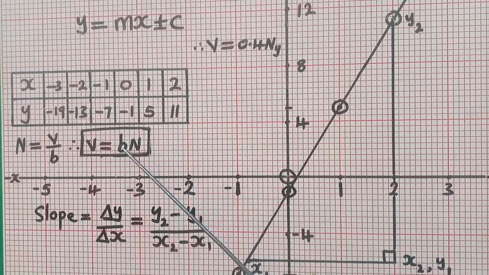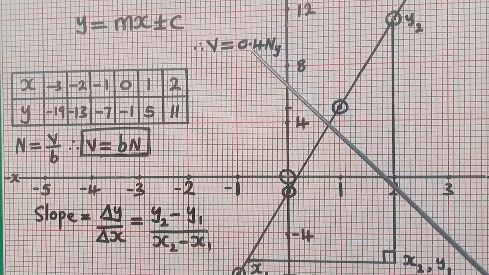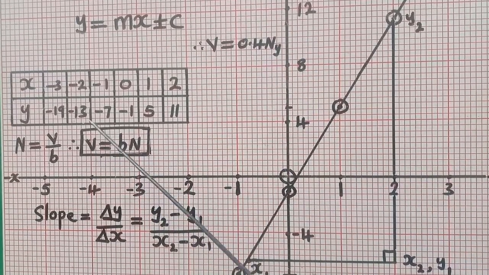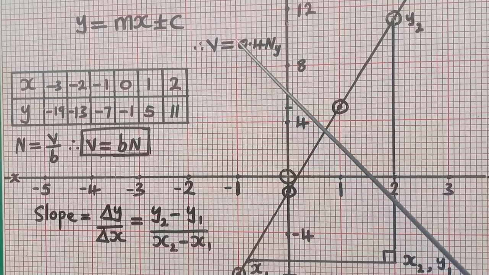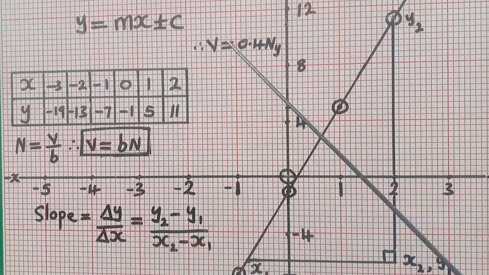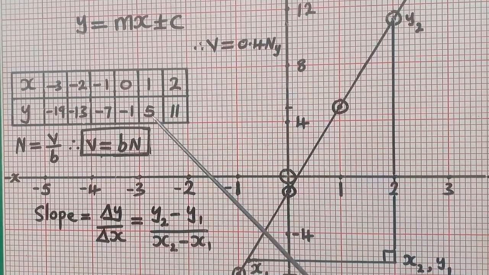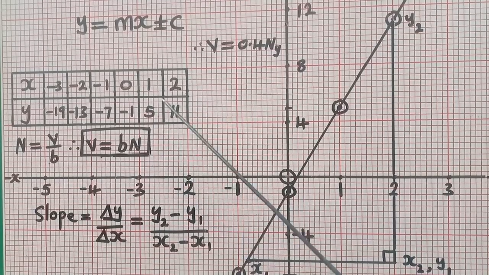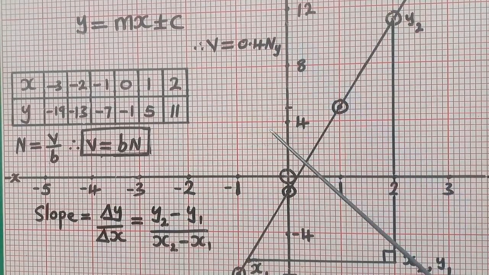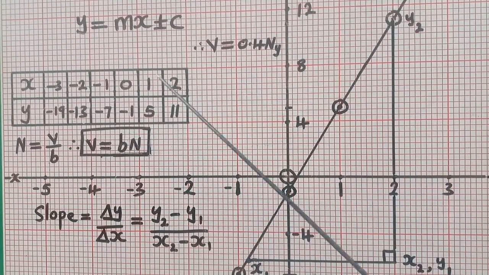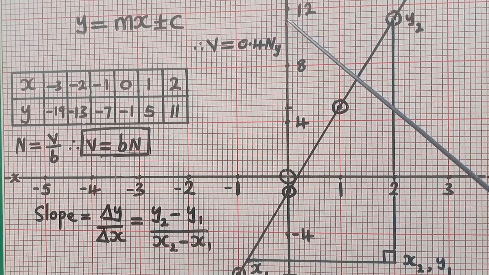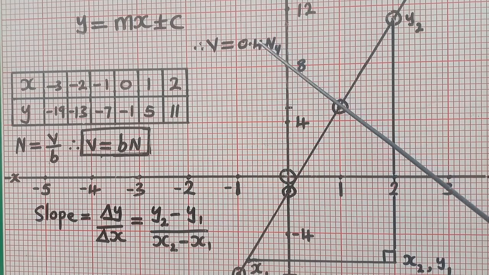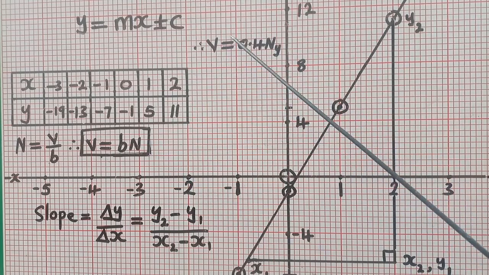Since b is constant, let it be this way. v is here, and then this b is now equal to 0.4, and this n is ny along the y-axis. Therefore, the formula for knowing the value at every point along this axis is this: v is equal to 0.4 ny.